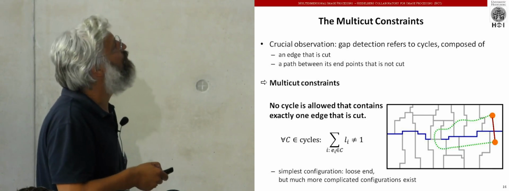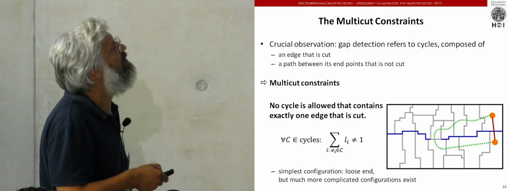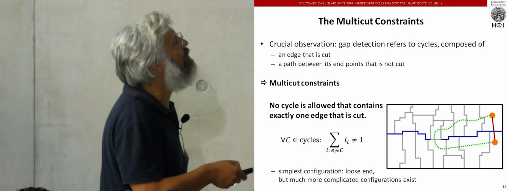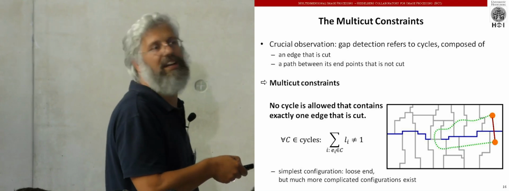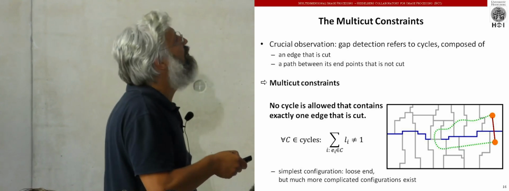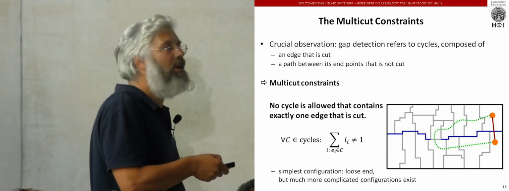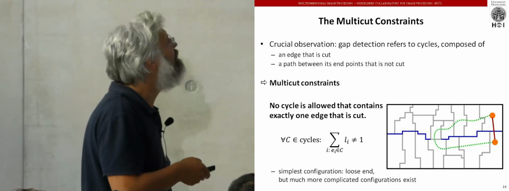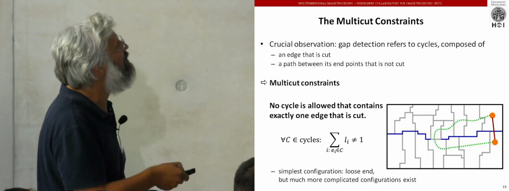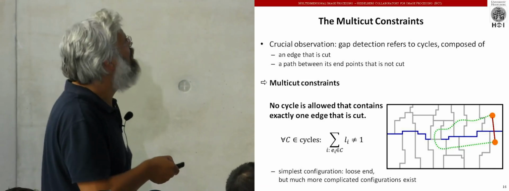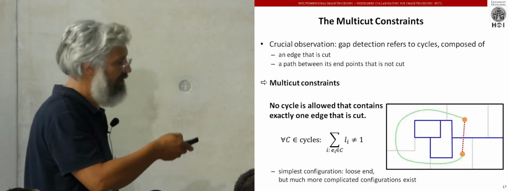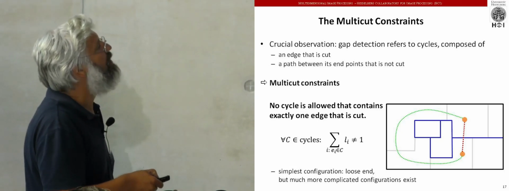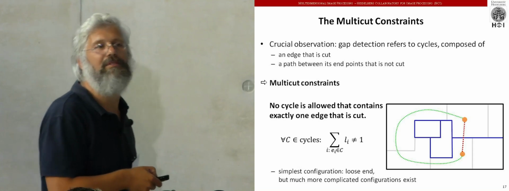Yeah, so the sum over the labels over all edges in a cycle must not be equal to 1. If all are 0, then there is no cut edge, no problem. And if the sum is bigger than 1, then there are at least 2 cut edges, and everything is also okay. So the simplest configuration, like here, is a loose end, but there are more complicated configurations like this. Here, there's no loose end, but still we have a gap, right?